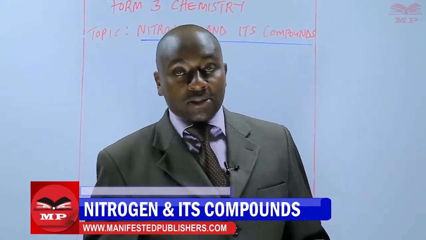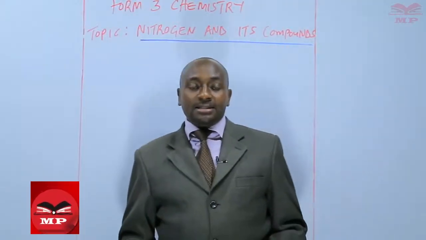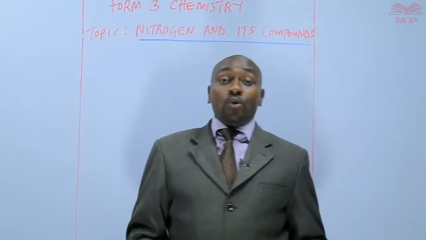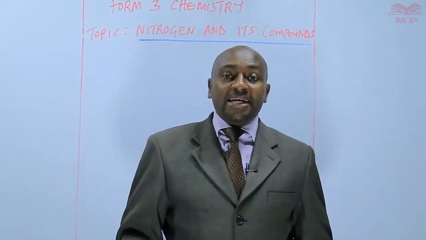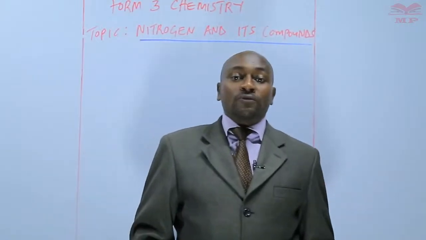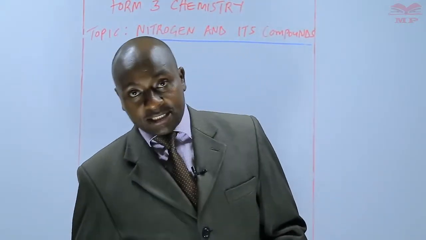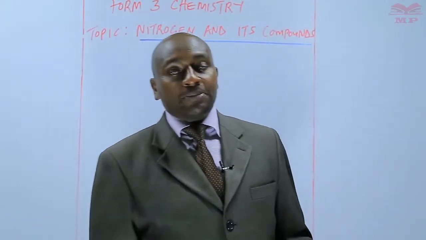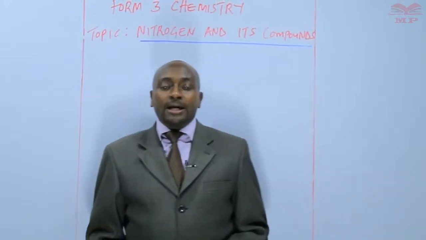Hello learners, my name is Stephen Kariongi, and today we continue with our topic of discussion, nitrogen and its compounds. During the last lesson, we discussed how aqueous ammonia can be used to identify metallic ions by use of the color of the precipitate, whereby we saw that zinc ions form a white precipitate with aqueous ammonia.